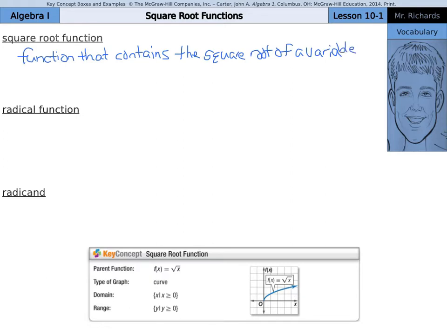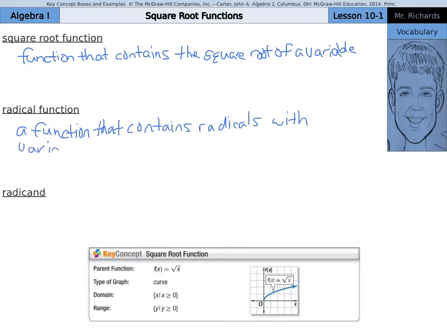Next, we have the radical function, and that is a function that contains radicals with variables in the radicand. And so let's go ahead and define radicand, and that is the expression that is under the radical sign.